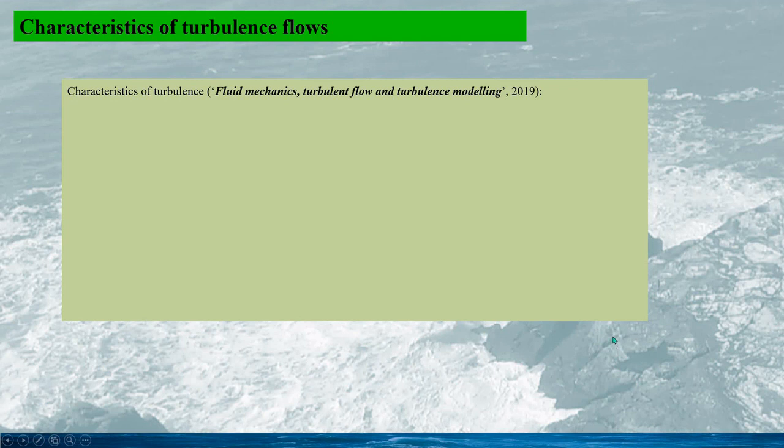Having difficulties in defining flow turbulence, there are some common characteristics for turbulent flows. These include irregularity. This is very obvious when we compare turbulent flow to laminar flow. The fluctuating part is always unsteady and chaotic.